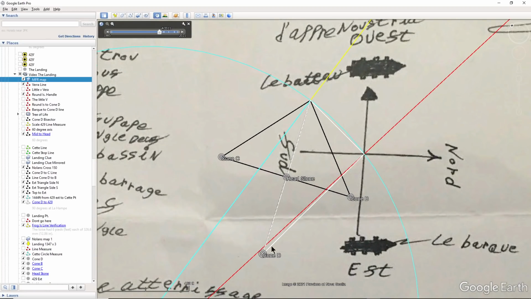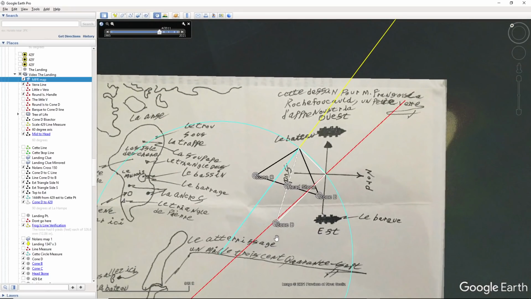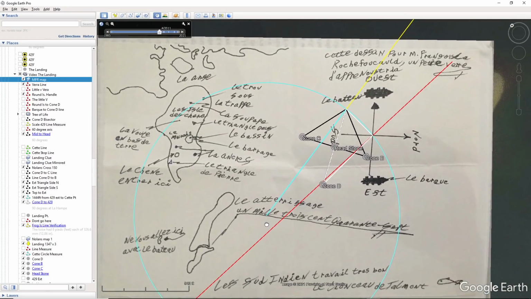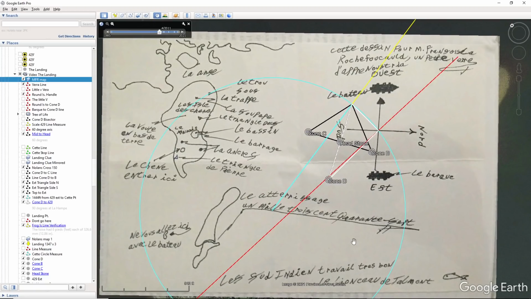It actually will become extended from the headstone out to the north anchor, and will also show how it establishes the end stone here, which is cone E, and how this distance 1347 will become an important distance used 3 more times in order to locate these landmarks on the map.